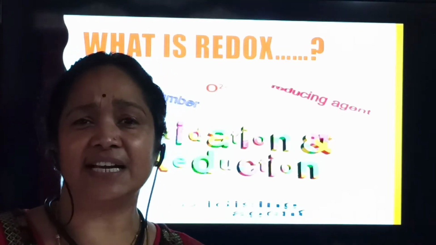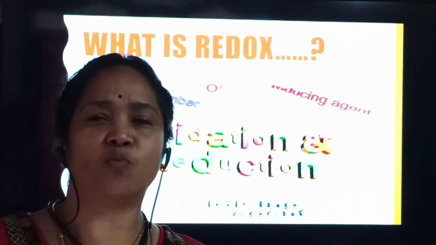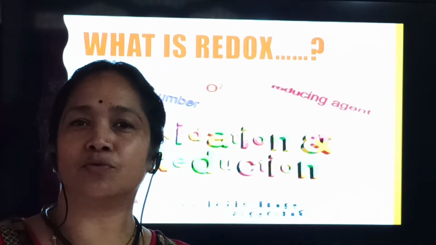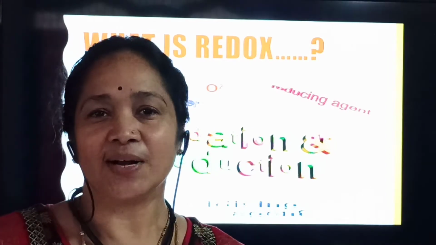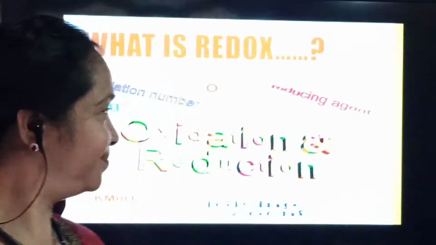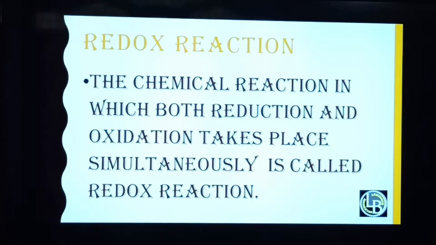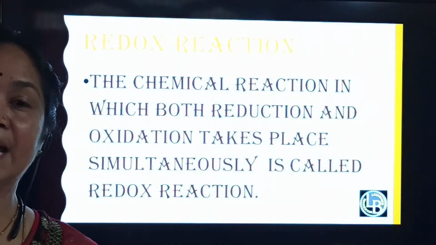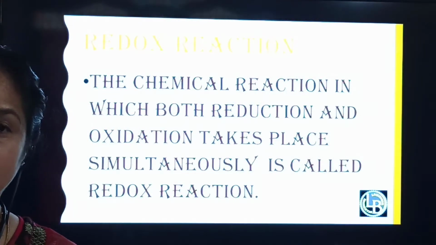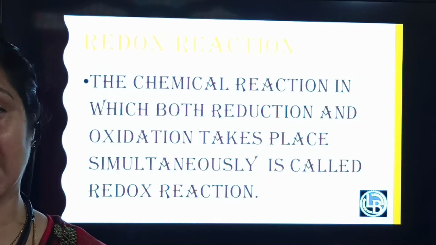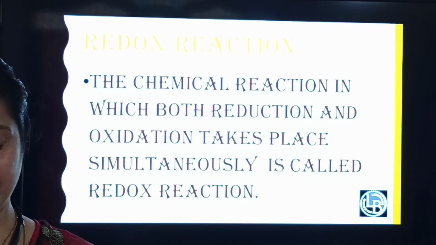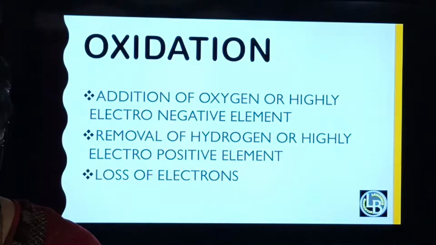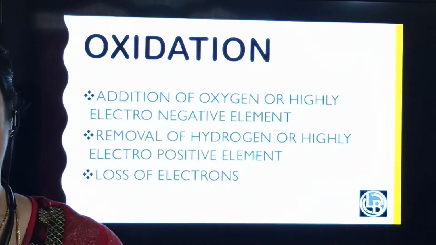In detail, I made a small PPT with an activity which gives you the definitions of all the important terms. So let's see the PPT. Once again, the chemical reaction in which oxidation as well as reduction takes place simultaneously is called a redox reaction. First, the first phenomenon, oxidation.